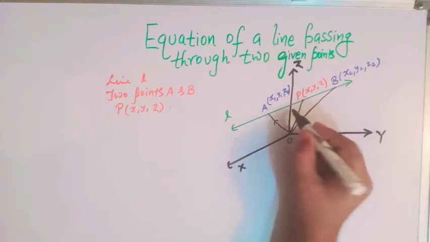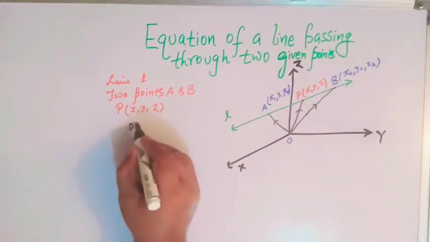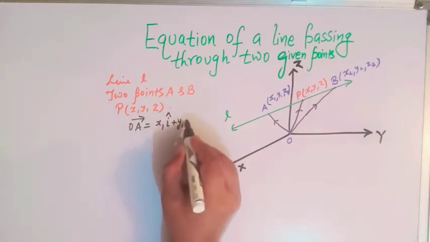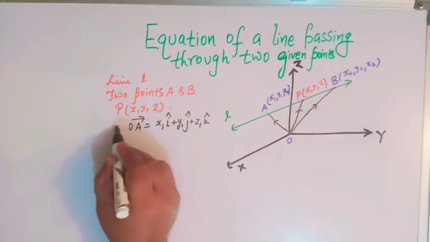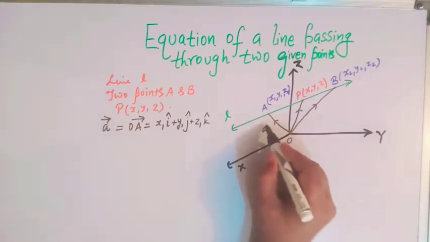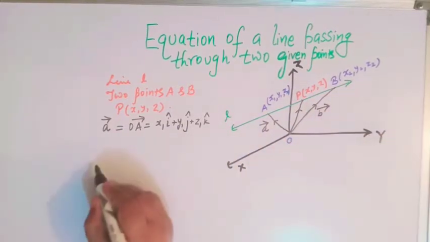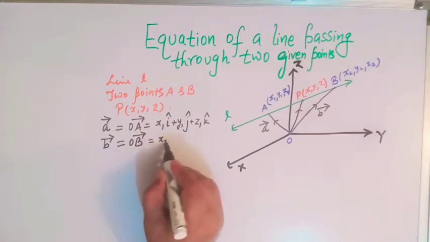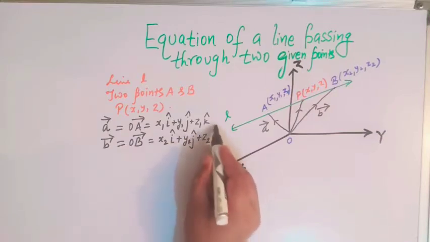Now here we have three vectors, right? So we have vector OA, which is x1 i cap plus y1 j cap plus z1 k cap, and let us take OA as vector A. Now let us take vector OB as vector B, and it is x2 i cap plus y2 j cap plus z2 k cap.